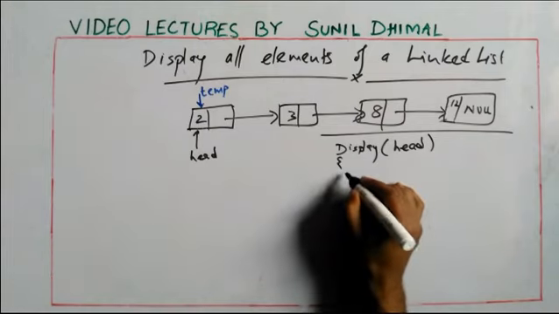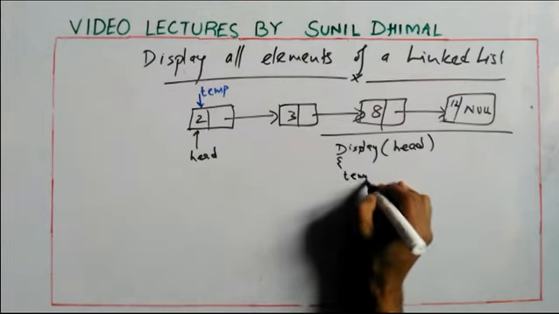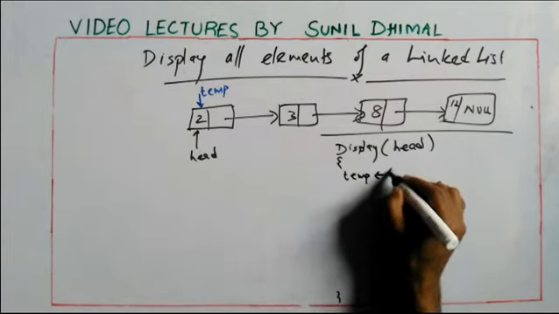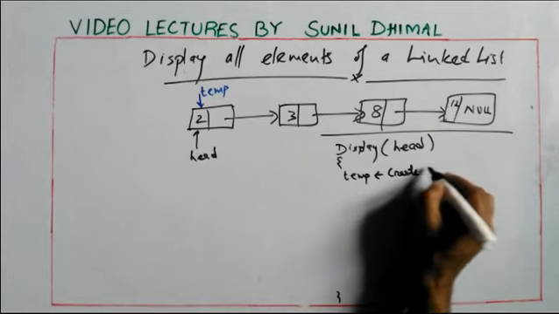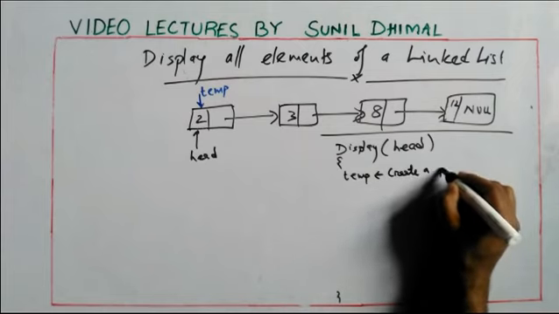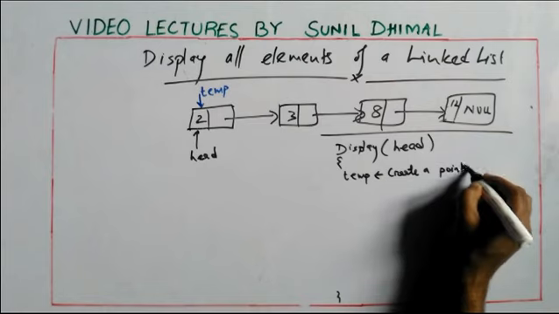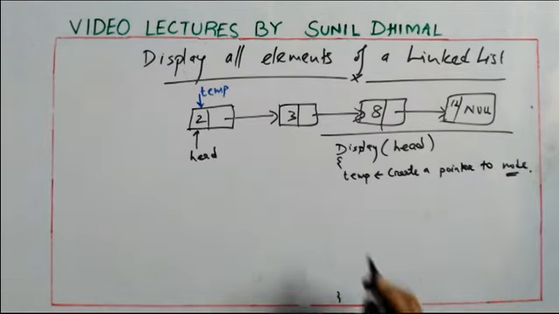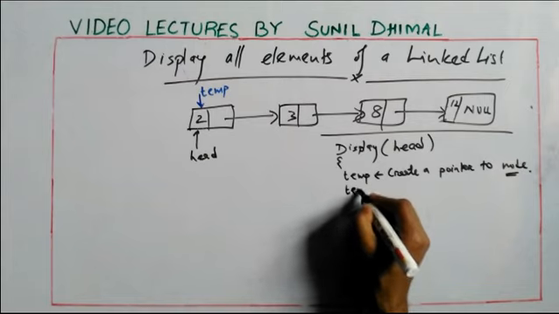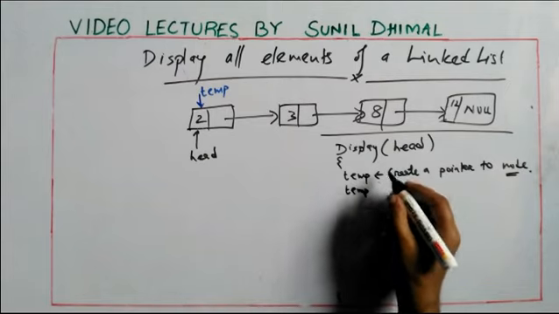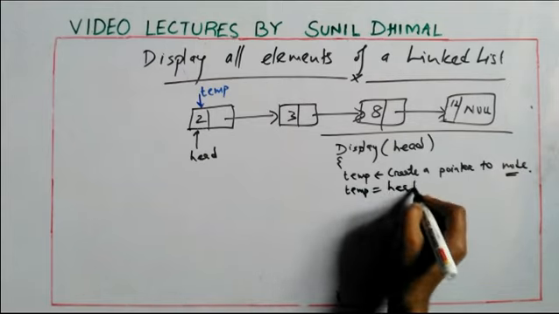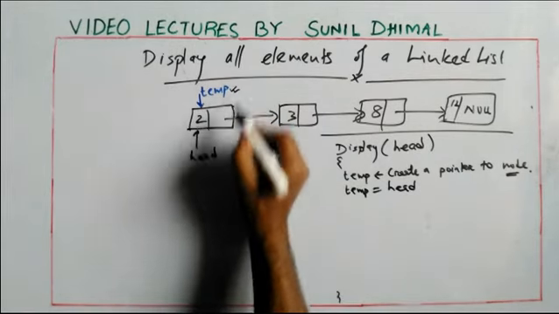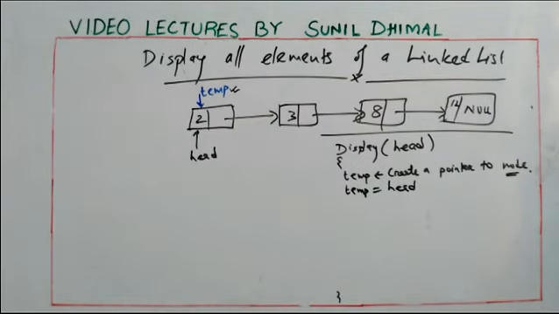First of all I'll create a temp, a pointer to a node. Now I set temp equal to head, so I'm making temp point to the first node.